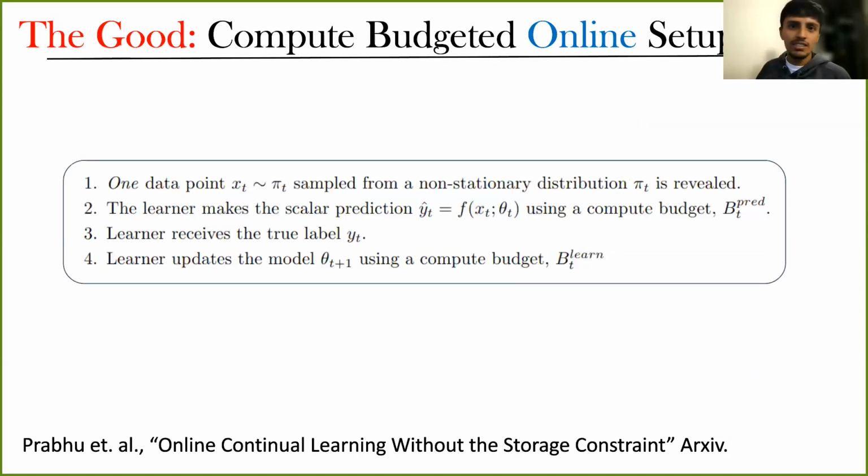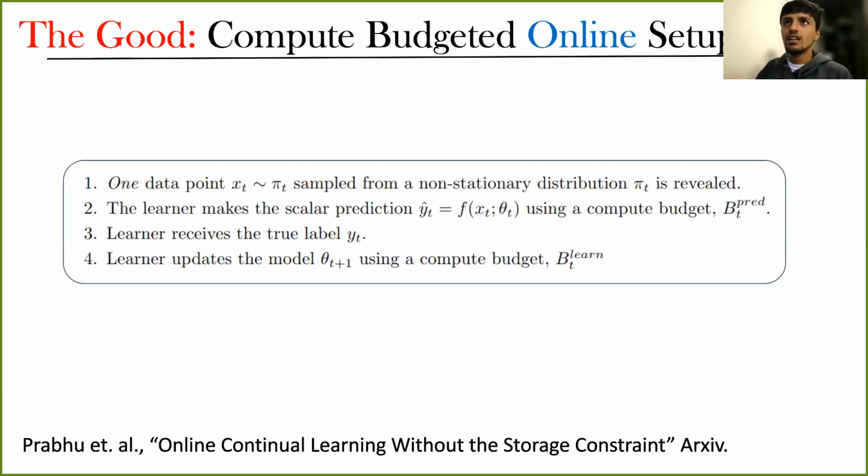Okay, what does a compute budgeted online setup look like? It's something like this. You have a stream of data, with a single sample or a batch of samples coming. You need to predict on the samples. Then you get some sort of labels, like, oh, this was actually a deep fake. Some curators tell you that you made a mistake here, and your algorithm needs to rapidly adapt to this change.